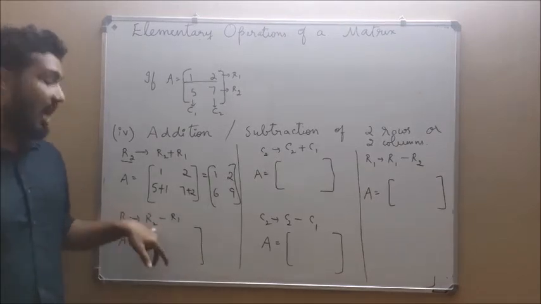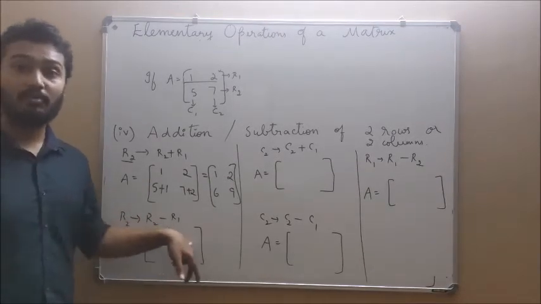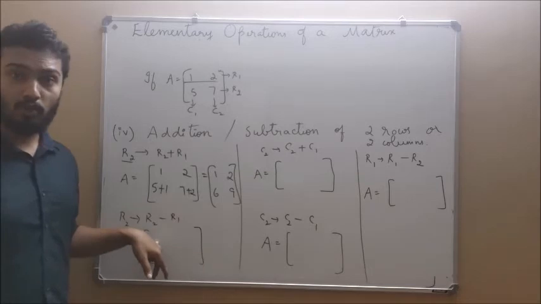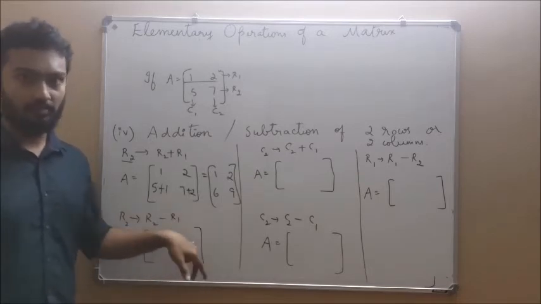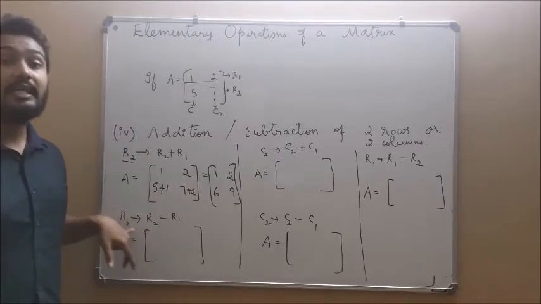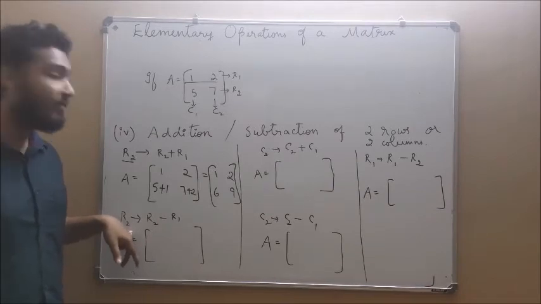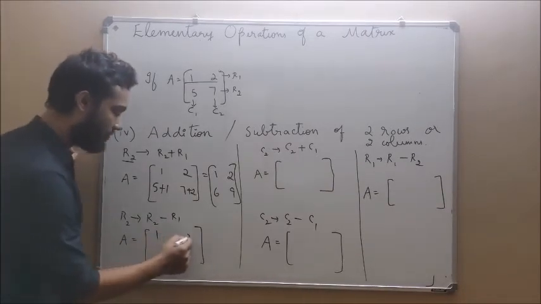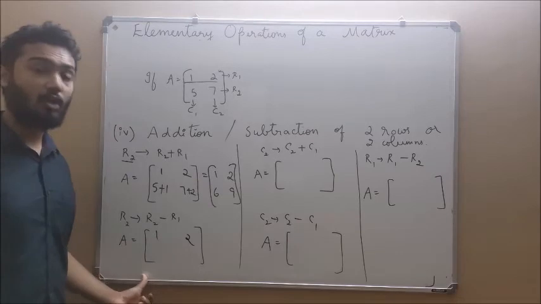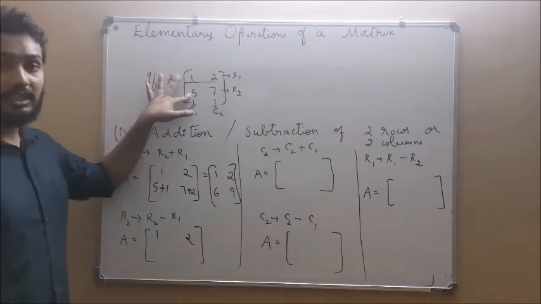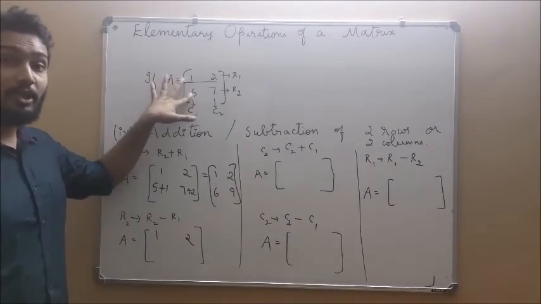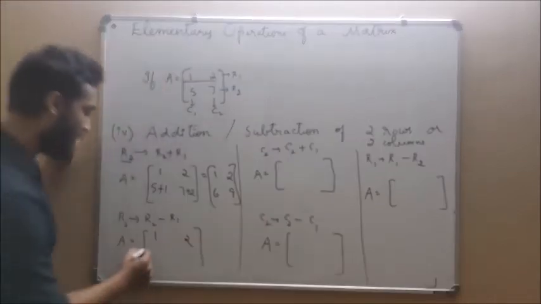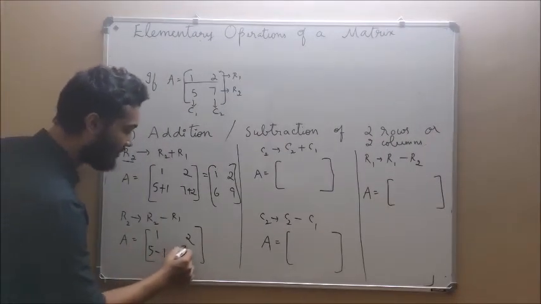Next, R2 changes to R2 minus R1. R2 minus R1 means we are subtracting row 1 from row 2. Here R1 does not change, so R1 remains as it is. Row 2 changes, so I am subtracting the corresponding element in row 1. So 5 minus 1, and 7 minus 2.